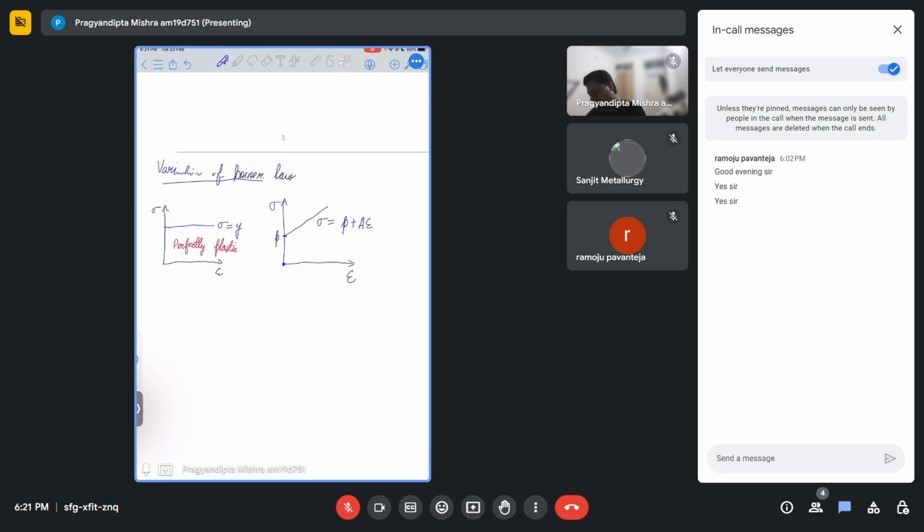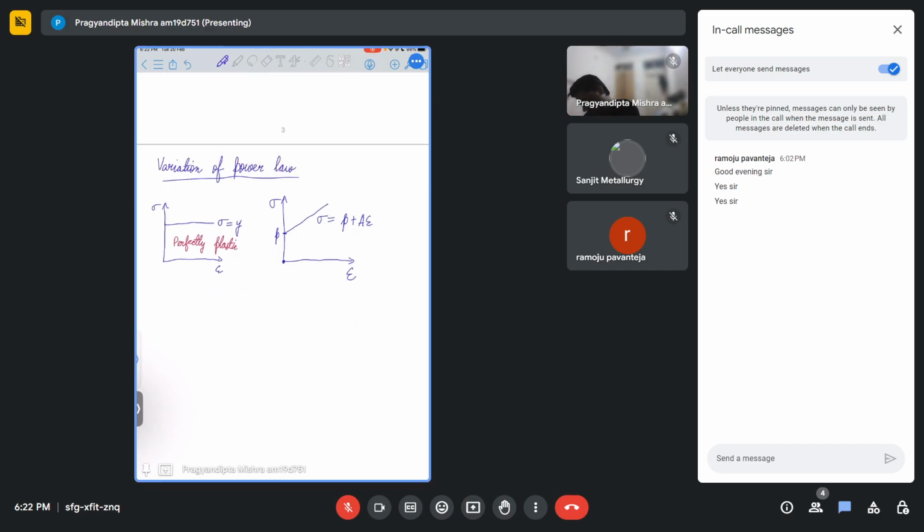Now another way the stress strain curve could look would be something like this. This is the general case of what we have been discussing till now, and something that most materials show. So it's the same as what we have discussed: sigma is equal to k times epsilon to the power n.